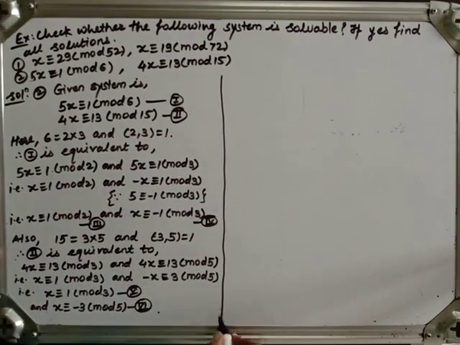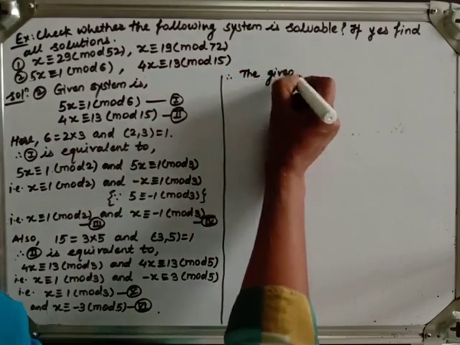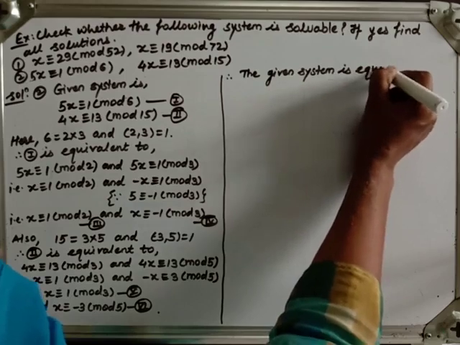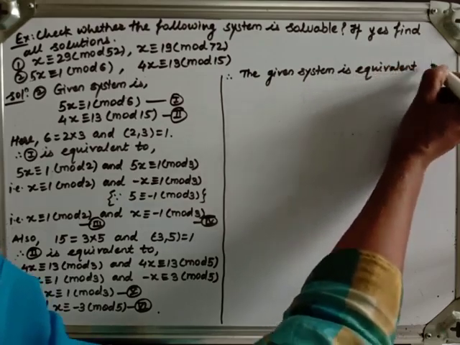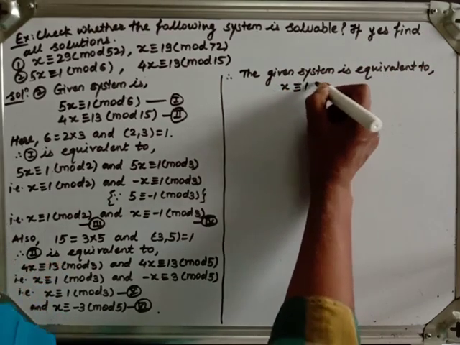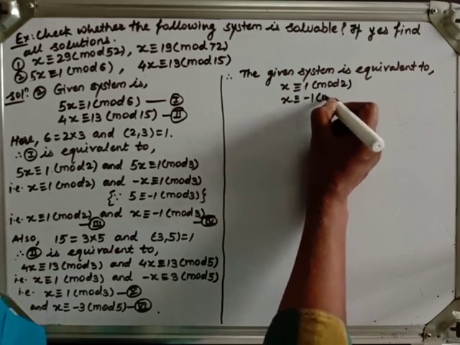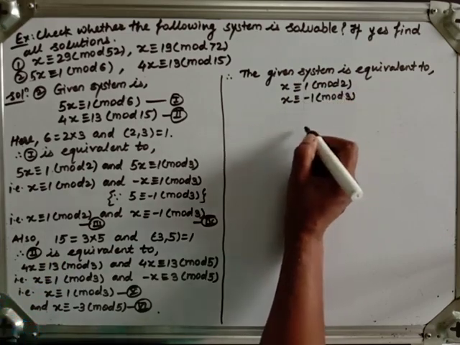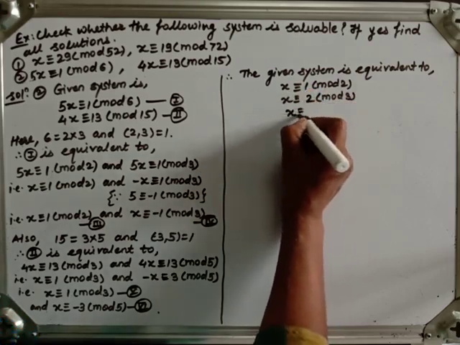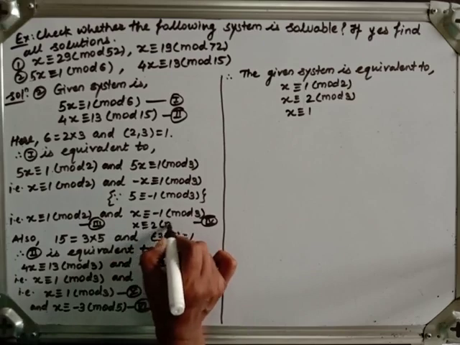Therefore, the given system is equivalent to x congruent to 1 modulo 2, x congruent to minus 1 modulo 3, which we can also write as x congruent to 2 modulo 3.